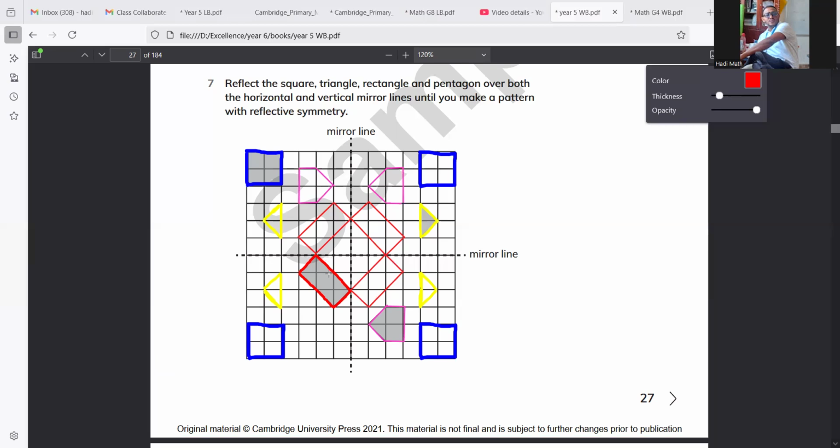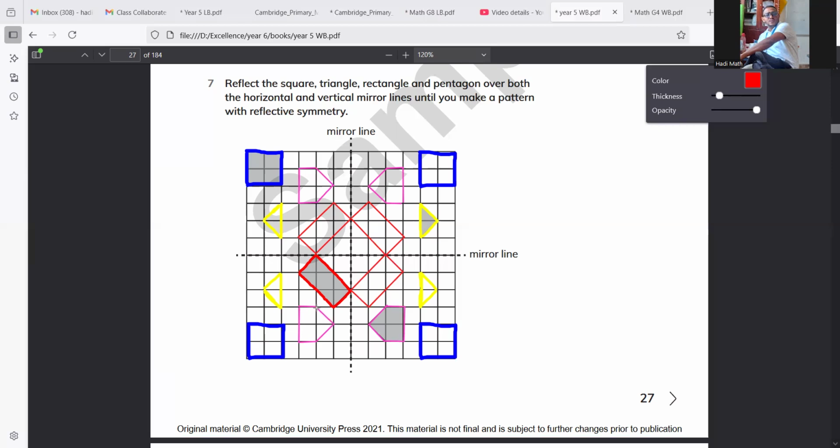The same thing when you go down here, you're going to draw it here, which is 3 away. This is how you draw it.